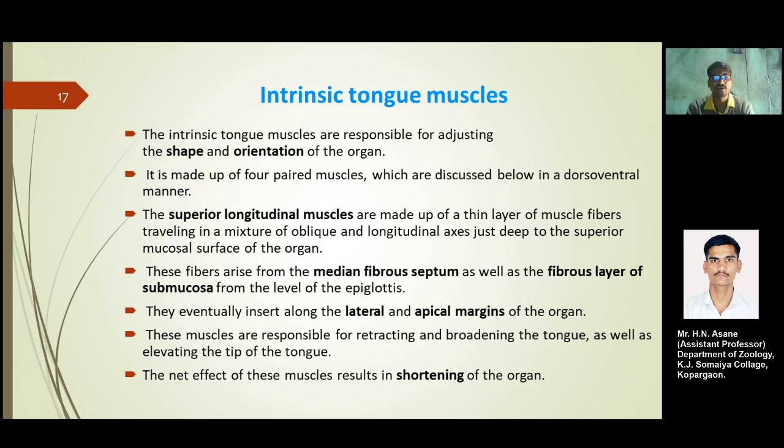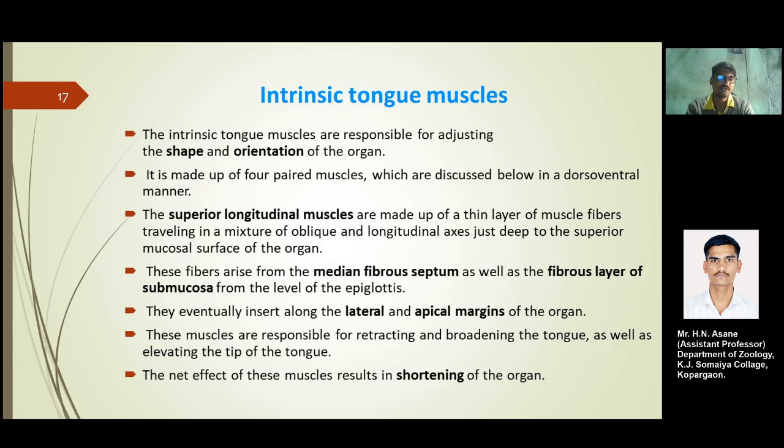These intrinsic muscles broaden the tongue and increase the surface area of the tongue, as well as elevating the tip of the tongue. As I said, the tip, body and the root are the three main parts that the tongue is divided into.